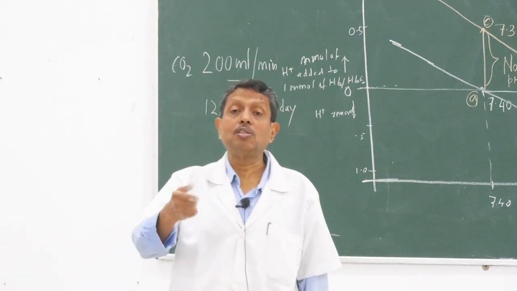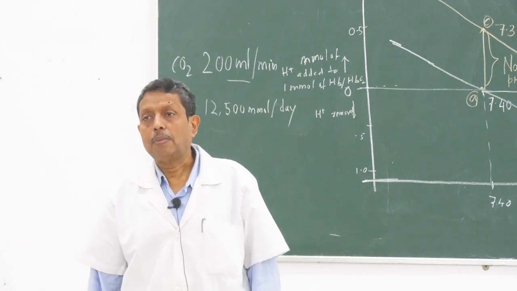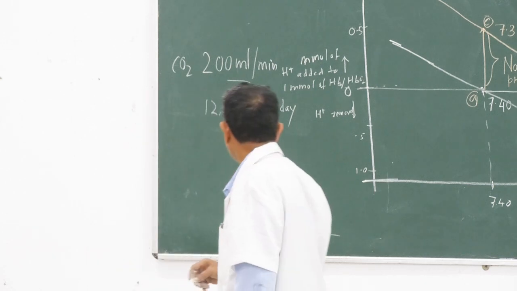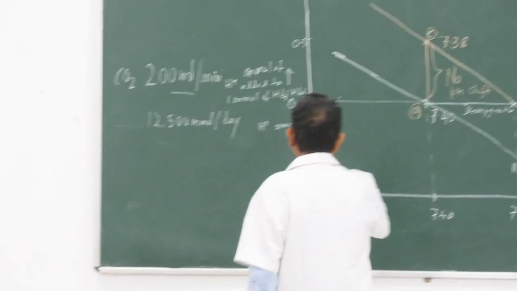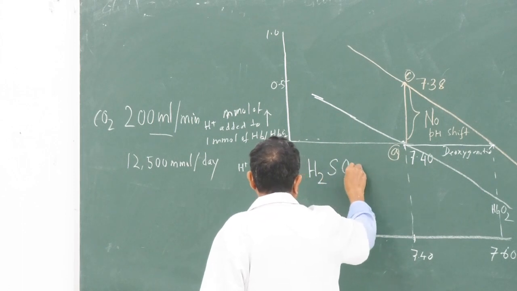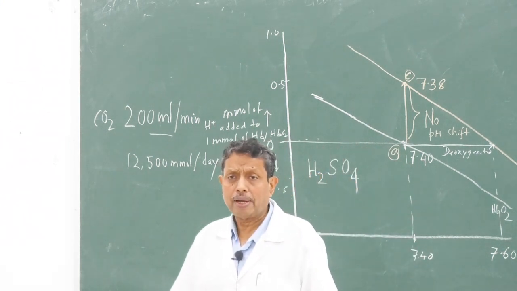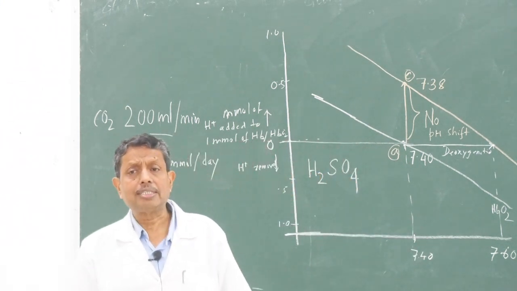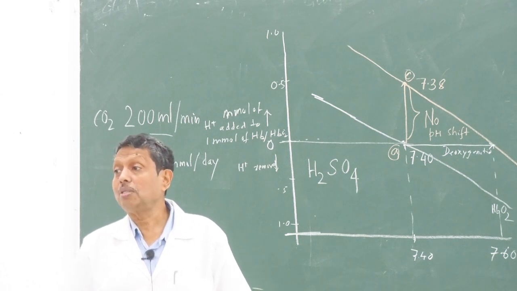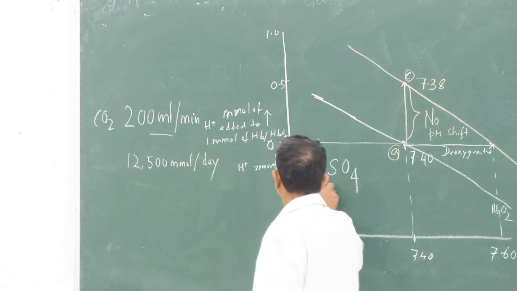Now, with metabolism, different types of acids are also produced. Suppose fixed acids like H2SO4 are produced from sulfur-containing compounds, amino acids like cysteine and methionine. So metabolism of the sulfur-containing amino acids gives rise to H2SO4.